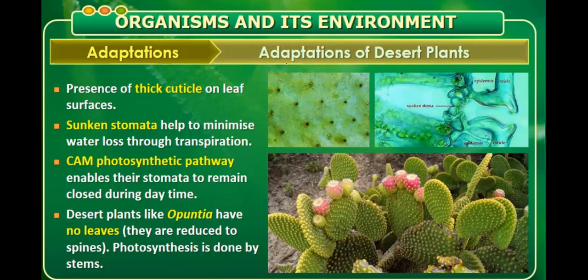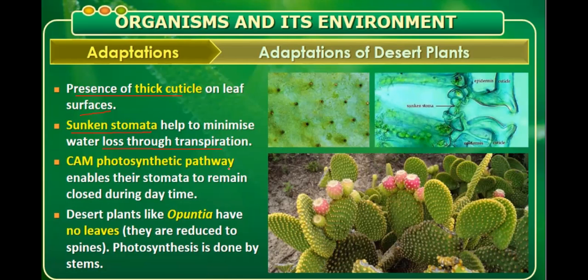Now, adaptation of desert plants. Desert plants are also adapted because in a desert less water is available. So how are they adapted? The leaf surface has a thick cuticle. Then sunken stomata. Sunken stomata help to minimize water loss through transpiration.